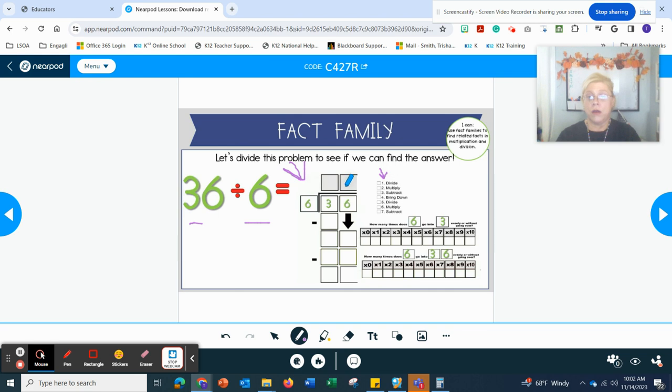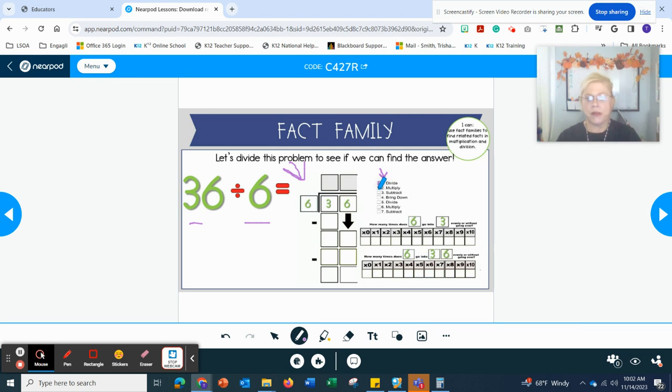So step 1, divide. That's what we're going to do. We're going to divide 36 by 6, into each number. So step 1, divide. We're putting it into the division frame.